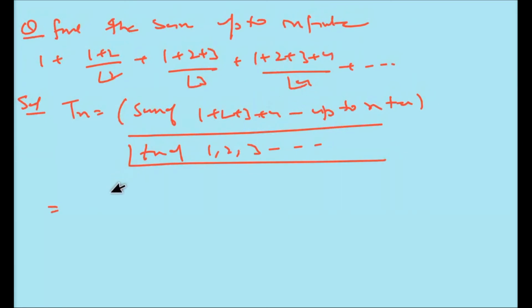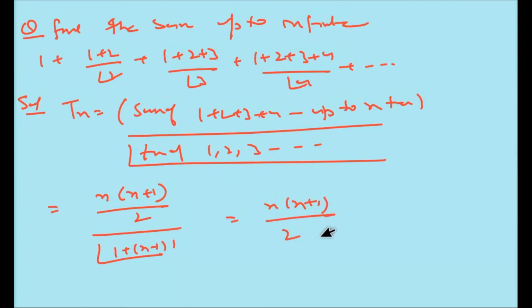So the sum of n terms is n times (n plus 1) upon 2, where a plus (n minus 1)d, upon factorial n.